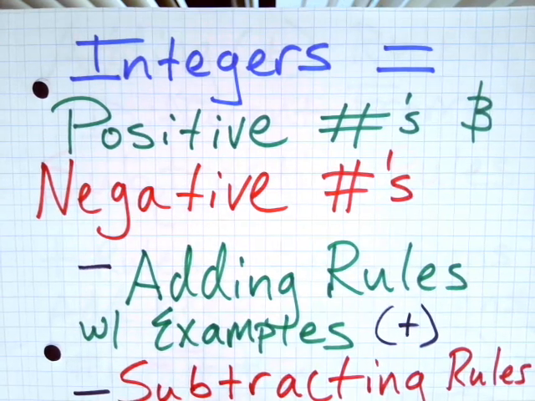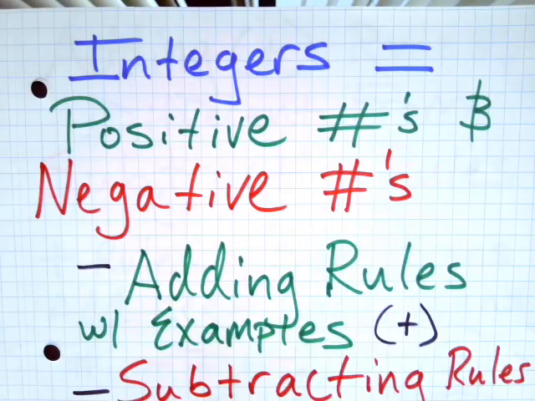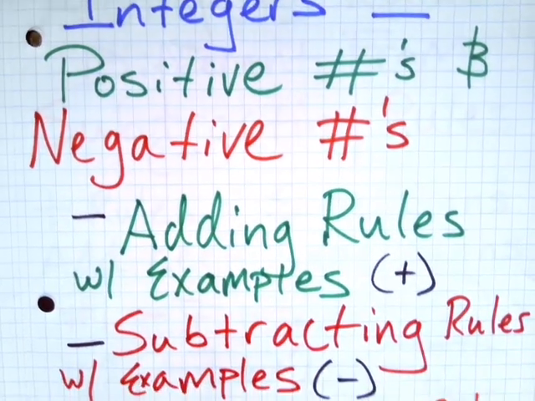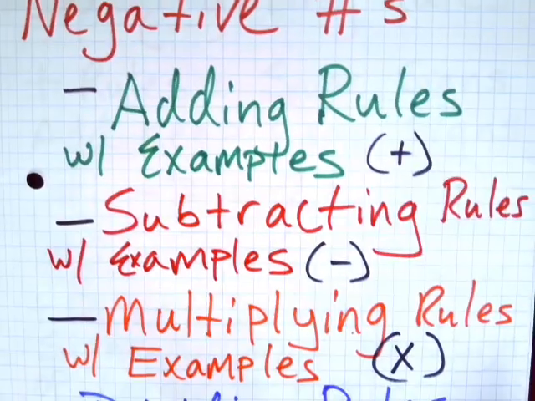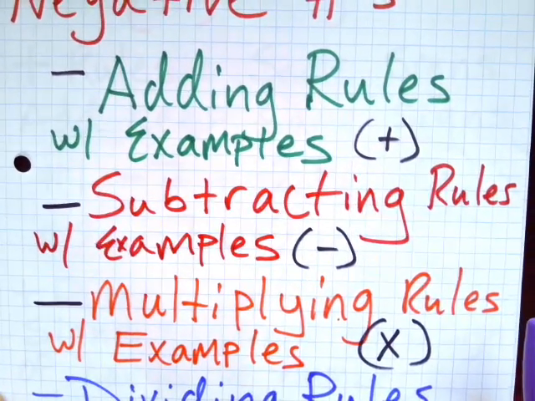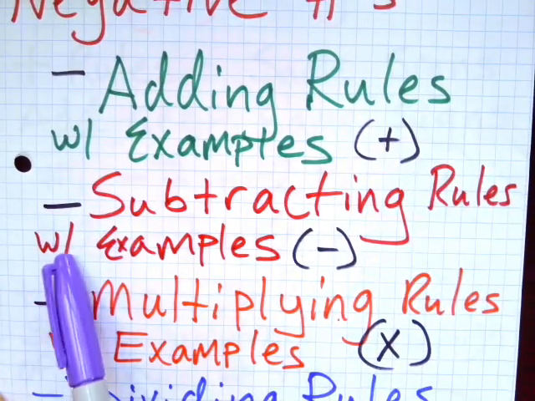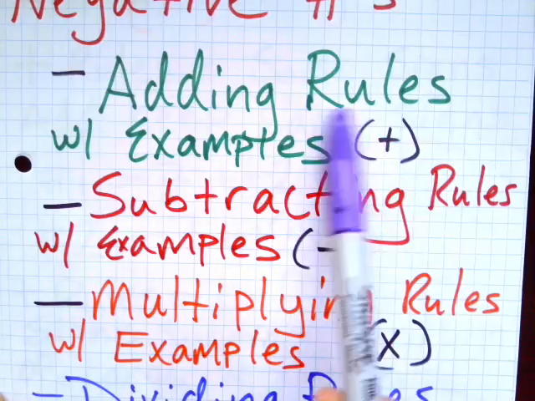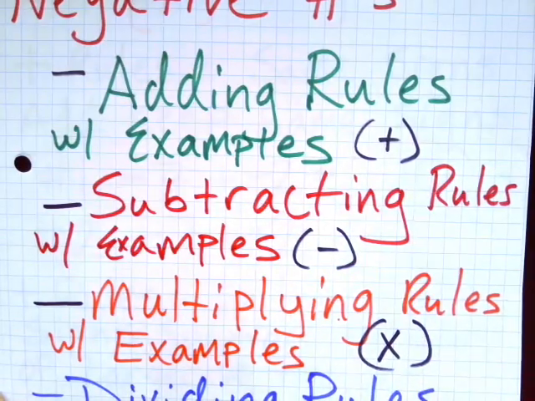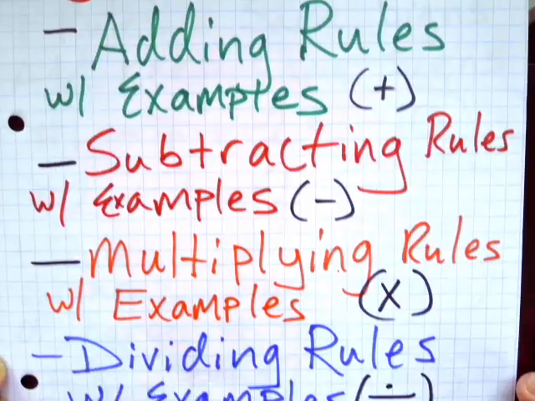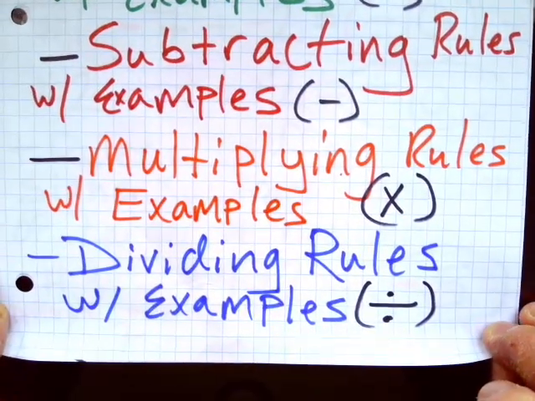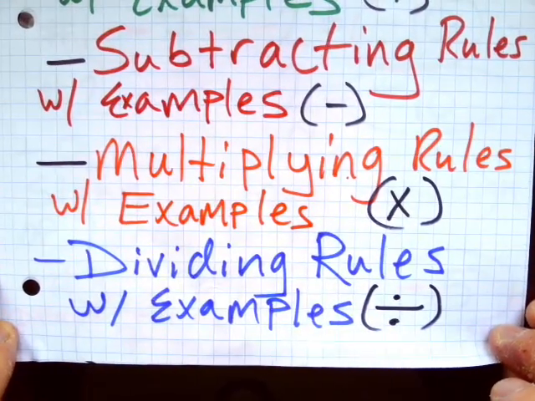I'm also eventually going to get into the adding and subtracting rules. I got a special rule for subtracting. It's a keep, change, change. That turns it back into the addition rules. And after I cover those two rules, I will go over the rules for multiplying and dividing integers.